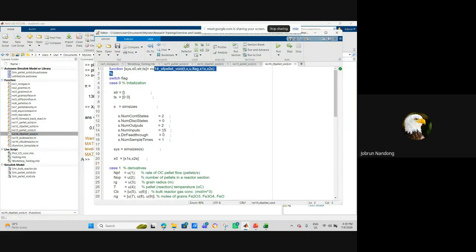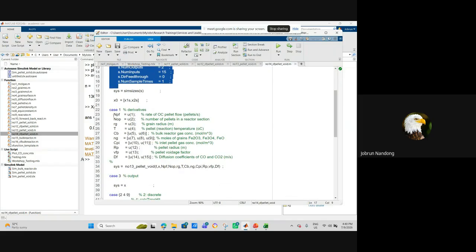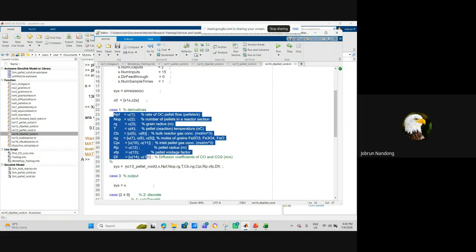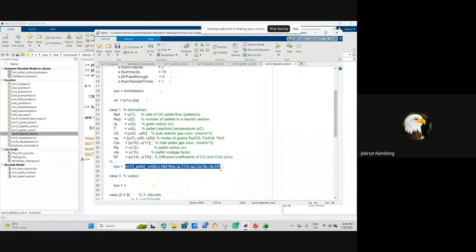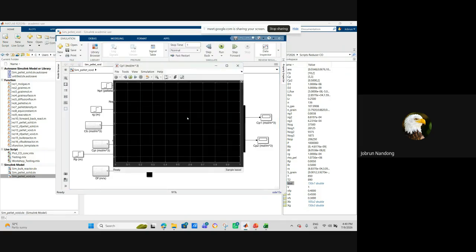The S function is a bridge. Okay, we update this one here. Then we update the input. Then we just call the name of that function just now. Then that's it. Then we create one more function to test whether it works or not. We create another Simulink, something like this one.